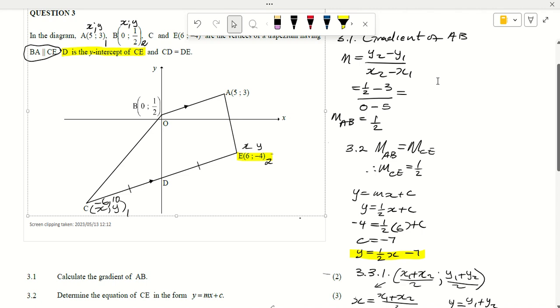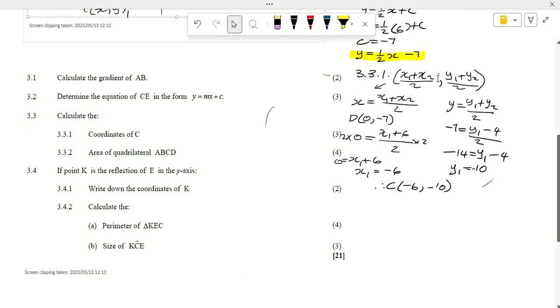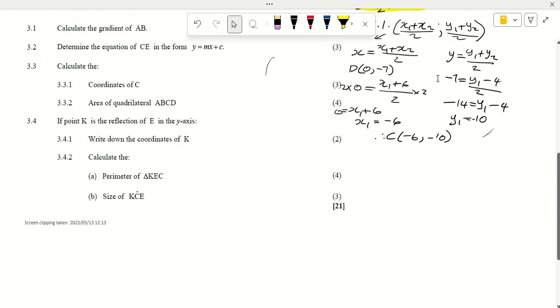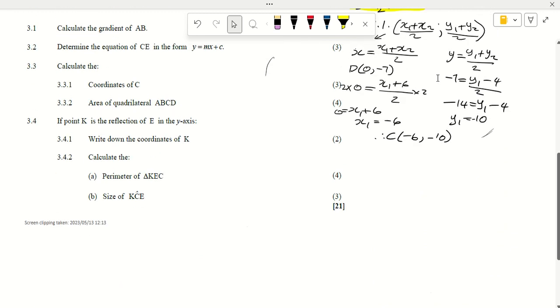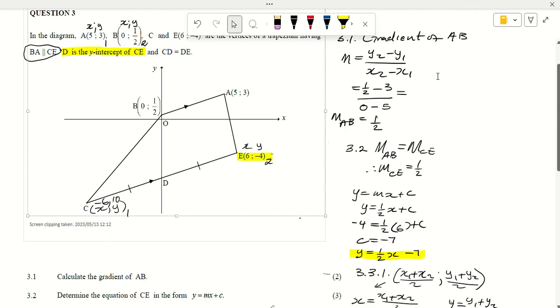Okay, now what I'm going to do next is look at the next question. Let's see the next question. You are asked to calculate the area of the quadrilateral ABCD. Okay, let's look at our diagram here.